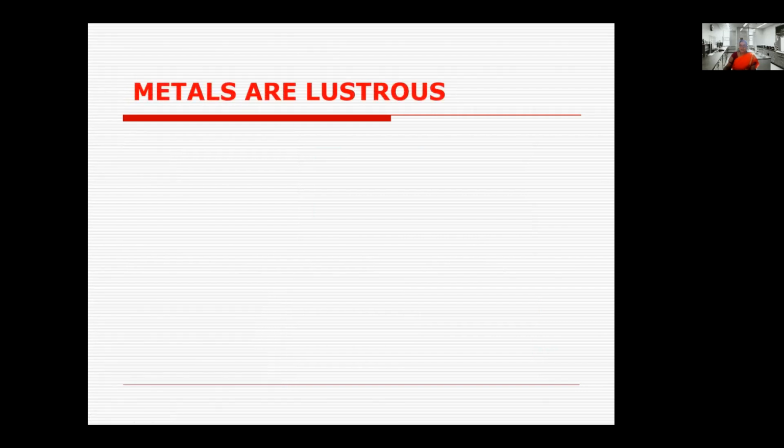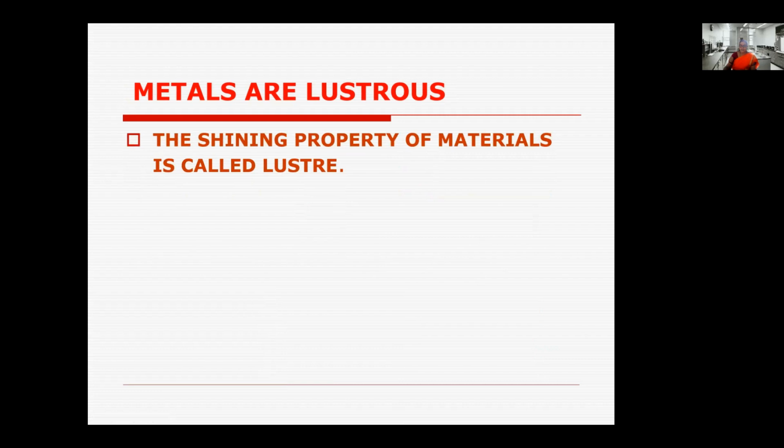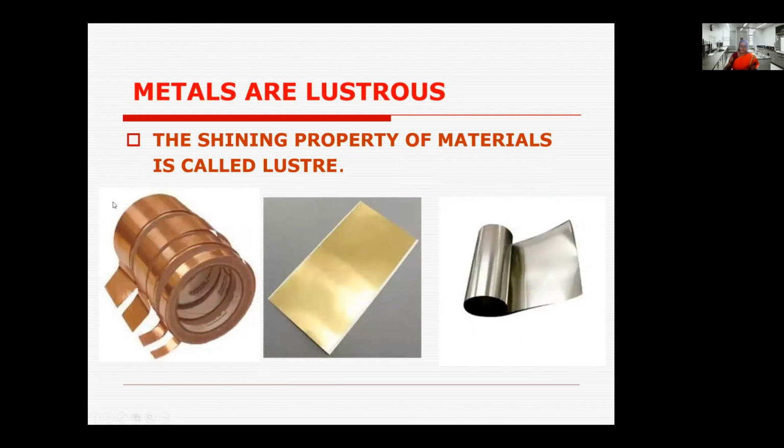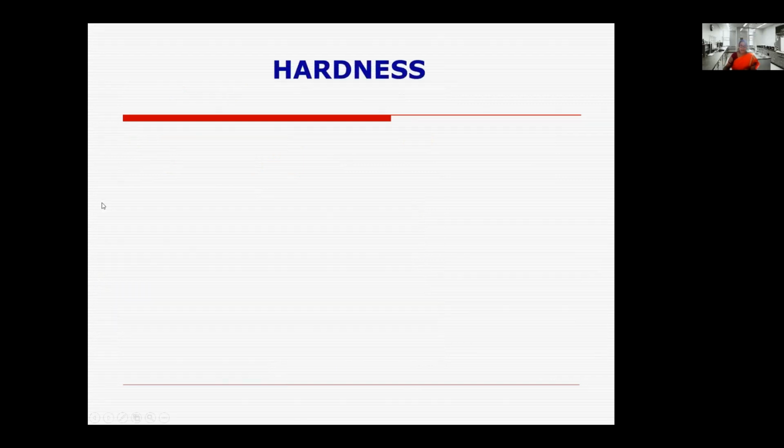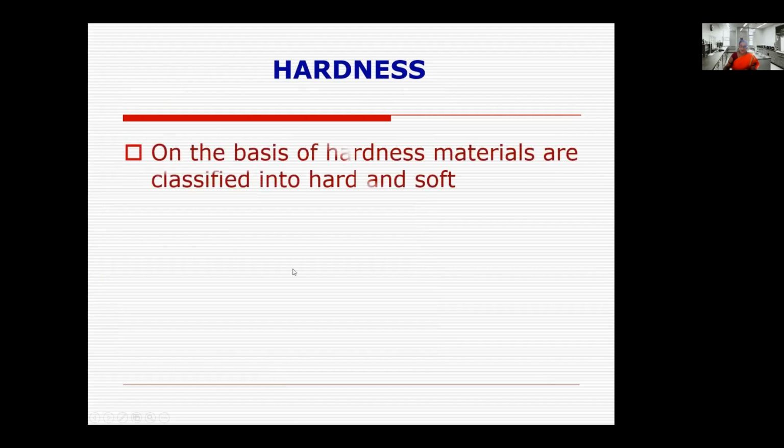Then metals are lustrous, that is, some metals have a shining property, like gold, diamond. See, this is copper and this is one of the metals. This is like an aluminum sheet. When you show it in sunlight, we get the shade and all. So that property is called luster. That is the shining property.